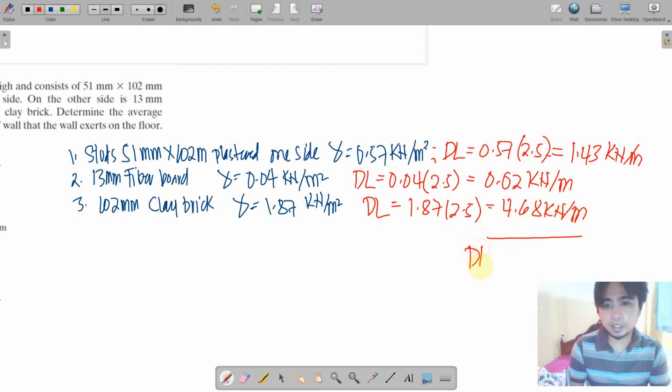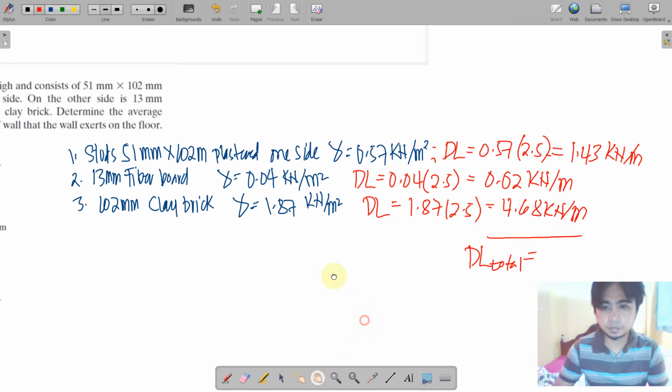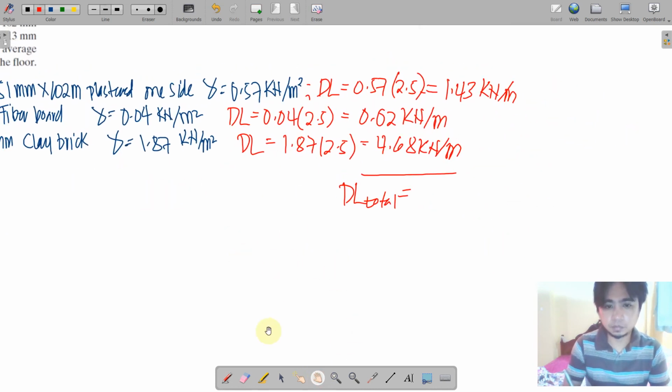The total dead load for that wall is the sum. We have 6.125 kilonewton per meter. So this is the answer for that.